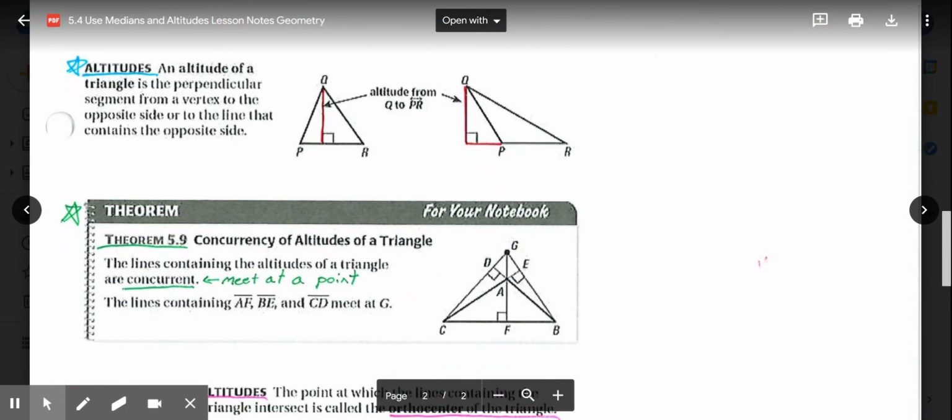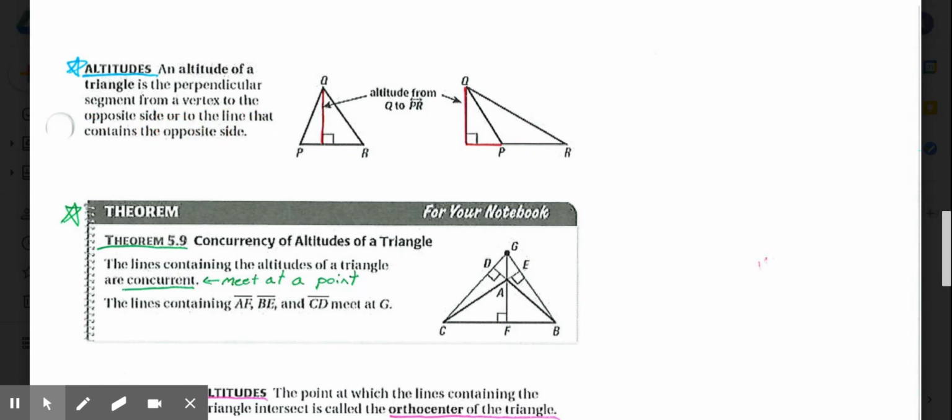And then we get to our other segment for this lesson, which is an altitude. So medians go vertex to midpoint. An altitude of a triangle is perpendicular. So it's the perpendicular segment from a vertex to the opposite side or to a line that contains the opposite side.